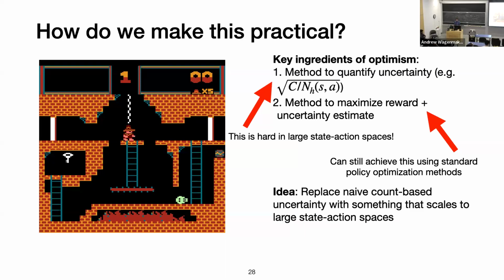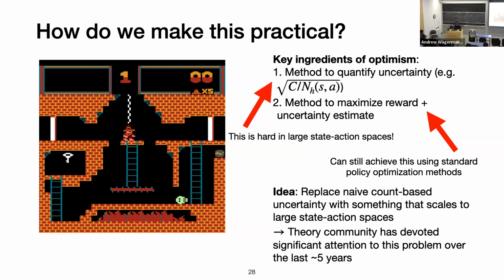So the basic idea is that it's not clear how to do the uncertainty quantification with these counts. But maybe we can replace these naive count-based methods with something else that will scale to large state action spaces. Over the last five-ish years, the RL theory community has done a ton of work thinking about how to do this.